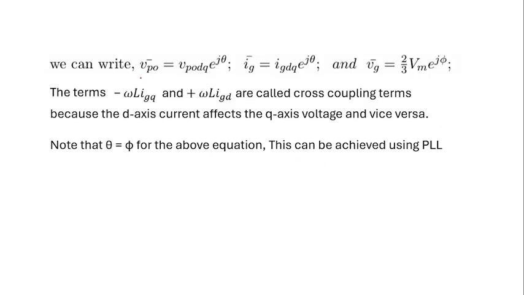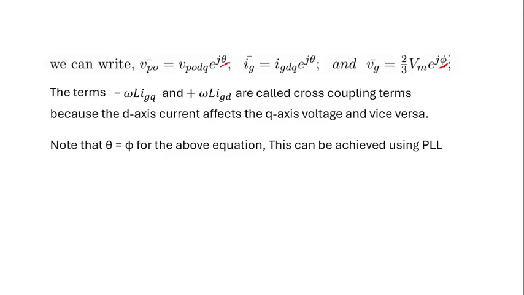Now we can write the pole equations like this. So Vp naught equals Vp naught dq e power j theta. So this is the dq frame. This represents that these are rotating at an angle theta, means it is rotating at some omega. So Vg is rotating at a speed d phi by dt, and this is rotating at a speed d theta by dt.